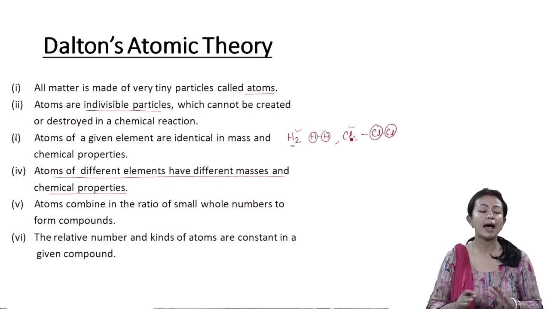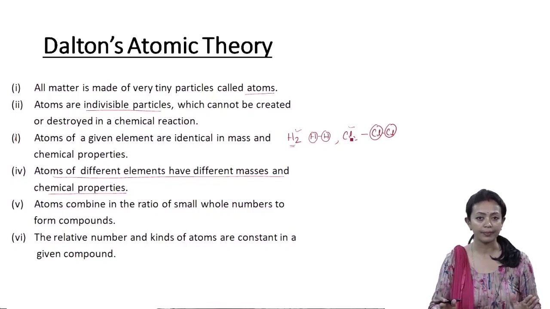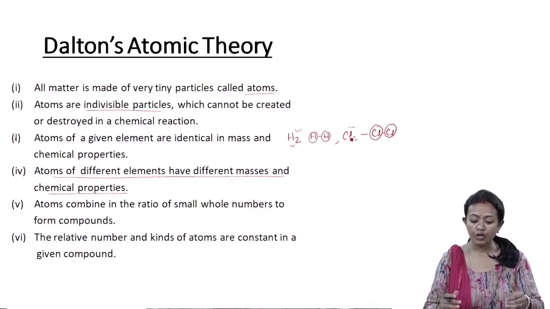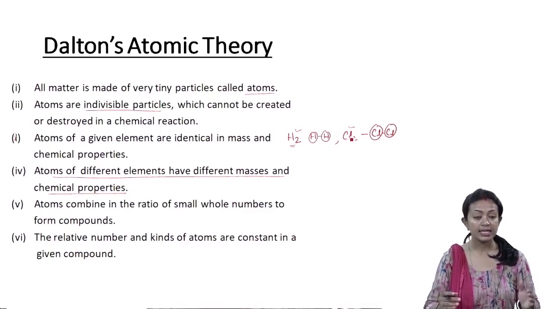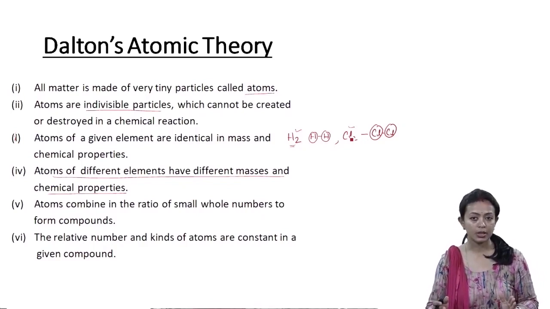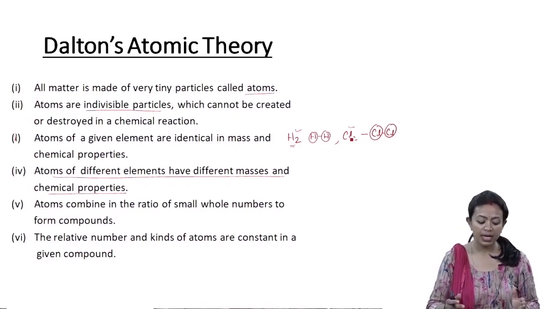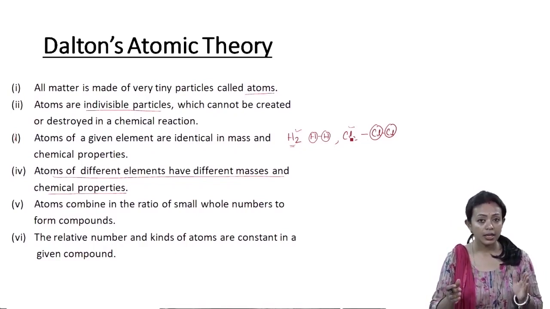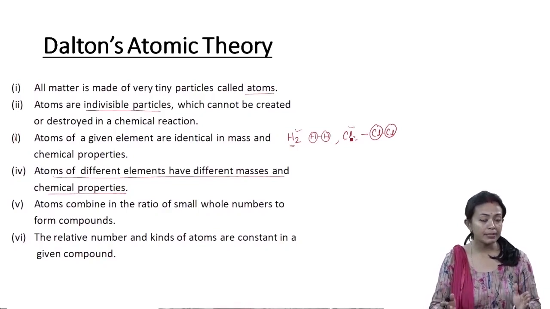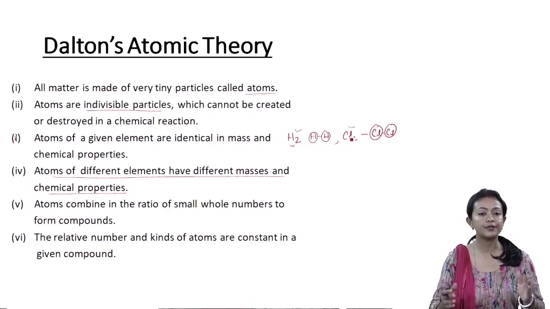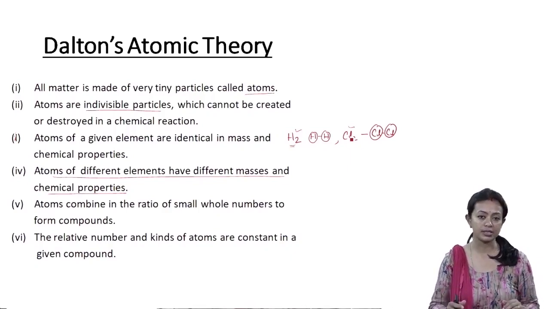So this theory says that an element will be made up of identical atoms, identical both in physical and chemical properties, whereas different elements are made up of different kinds of atoms with different physical and chemical properties.